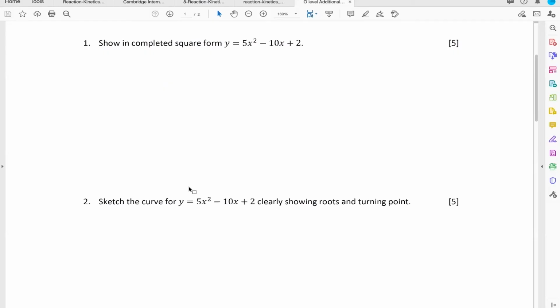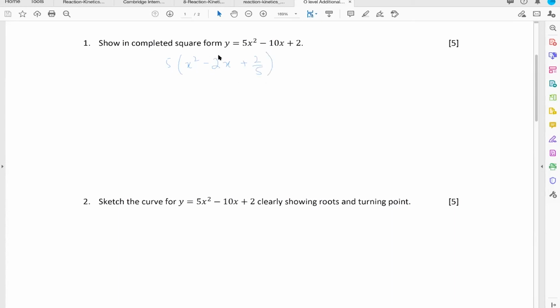What do you think we should do here? In the first question, what should the students do? Sir, we're supposed to change the polynomial into an equation using the completed square form. Yeah, take 5 common. Very good. Yes, all of you gave the same answer. So we take 5 common: x squared minus 2x plus 2 by 5, right?